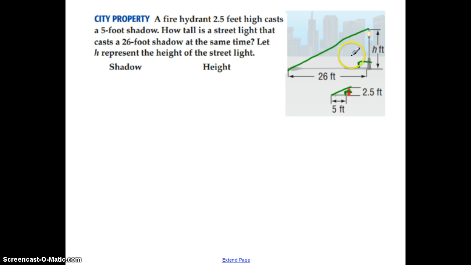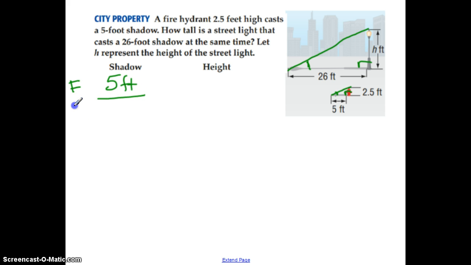We can say that these two triangles are similar because they're both going to cast a shadow at the same angle, because the sun is going to hit both of them at the same angle. So by angle, we can say that these triangles are similar. If we want to talk about our proportions for our shadows, for the fire hydrant, our shadow is 5 feet.